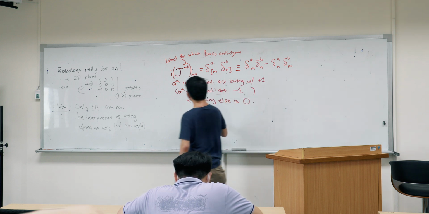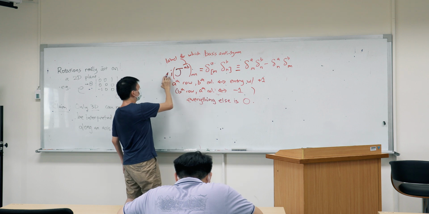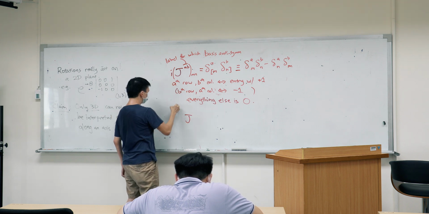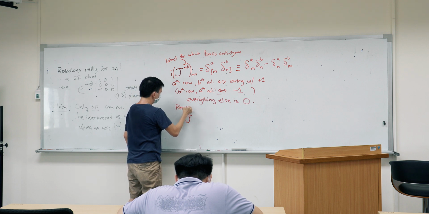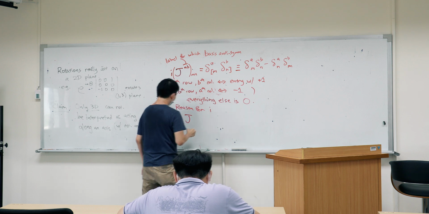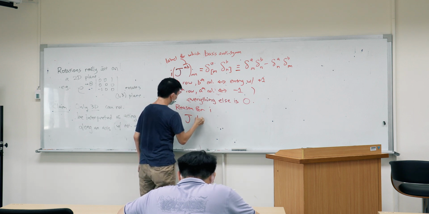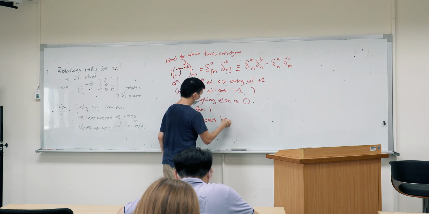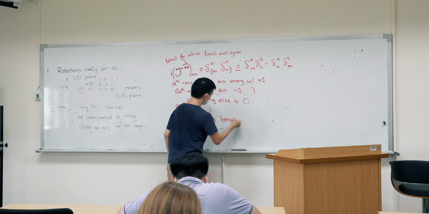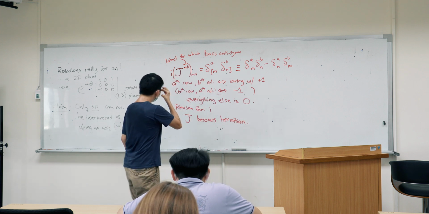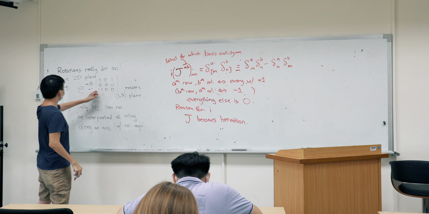The reason for the i is so that J becomes Hermitian. Okay? And so let's take, for example, this guy here.